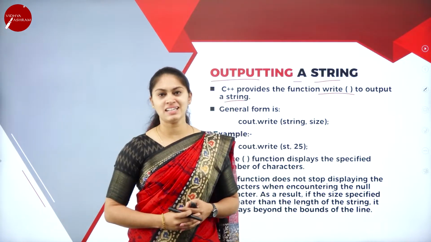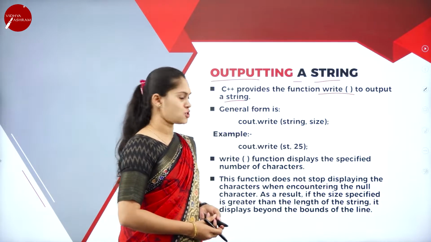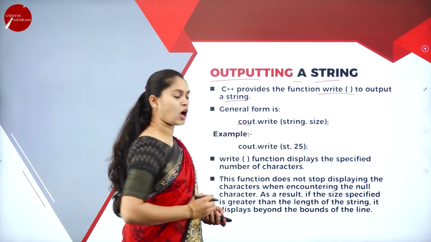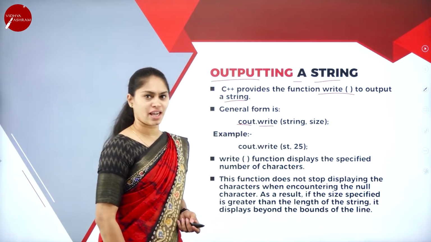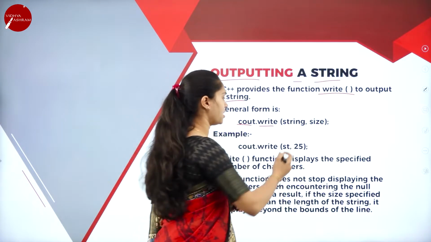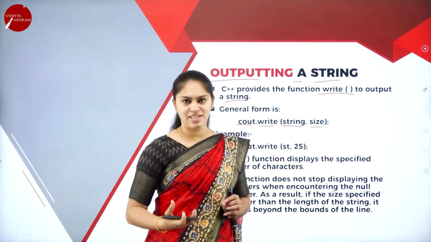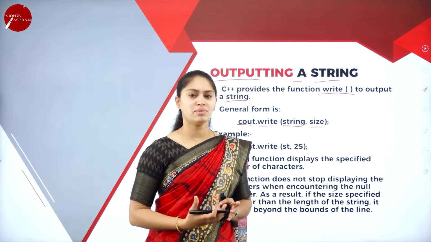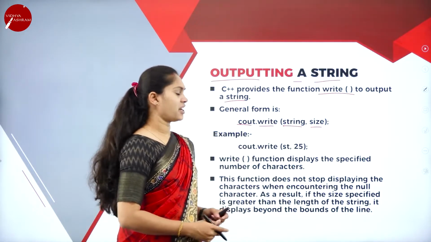The general syntax is cout, that is console output, dot write. Within the parentheses we send the string and the size as arguments. The string represents a sequence of characters, and the size specifies up to how many characters to display.